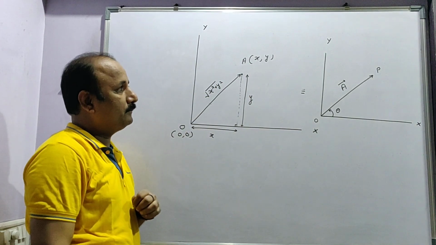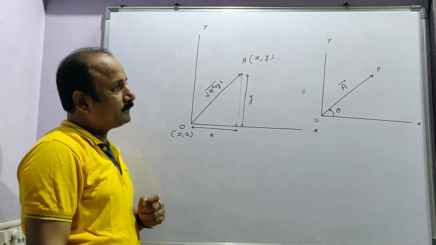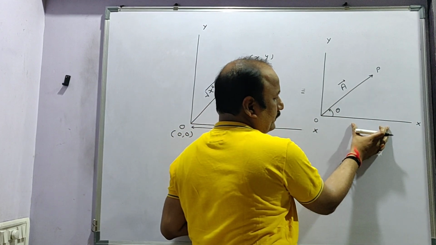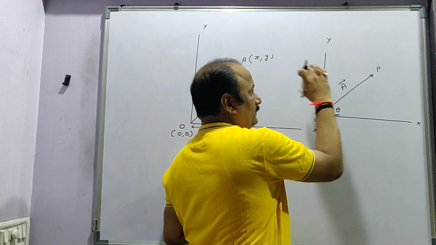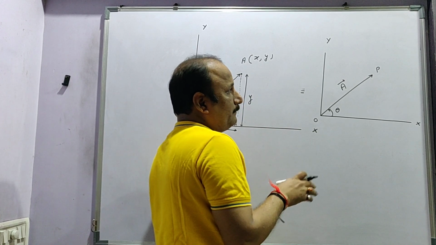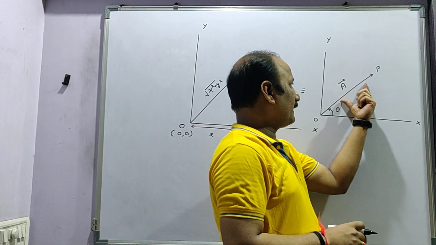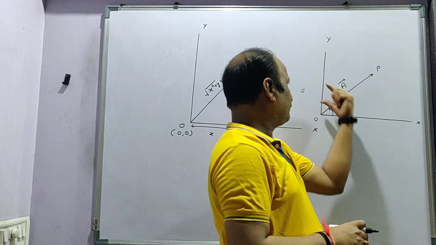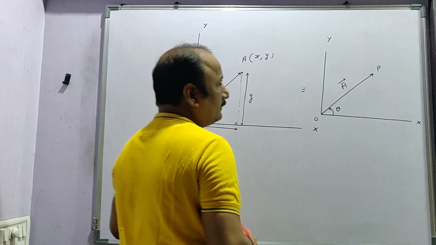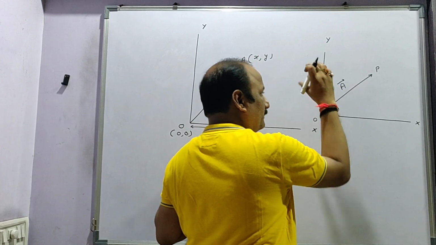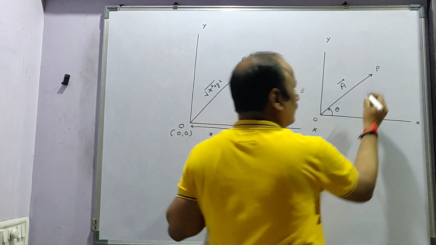So now the question is, what is the effect of this vector along this direction as well as along this direction? So we can say the component, or effect, of this vector along the x-axis as well as the y-axis. To find the component of this vector along the x-axis as well as the y-axis, what do we do?